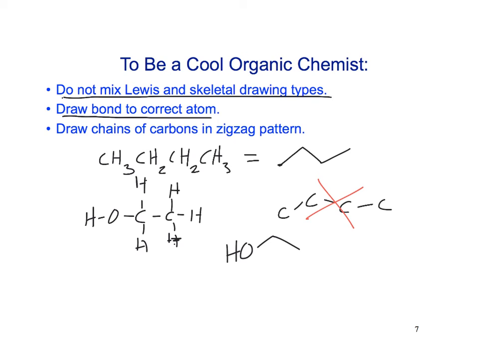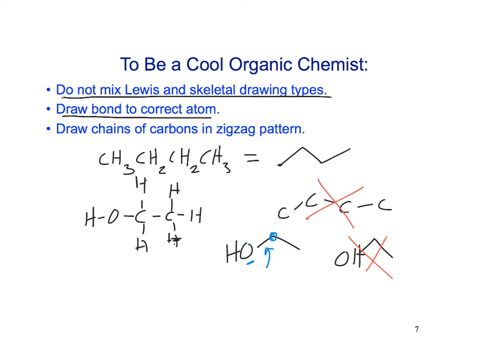So the point that I'm making here is that this bond here goes from the carbon directly to the oxygen. Okay, so what we don't want to do, and it's a common mistake, is draw it like this, like an OH, okay? Because that puts the hydrogen in between the carbon and the oxygen, and we just know that that's not the way it is, okay? So that's not so good.